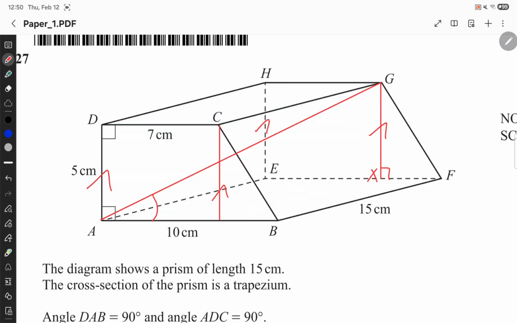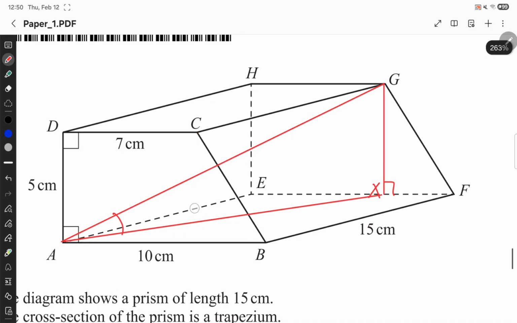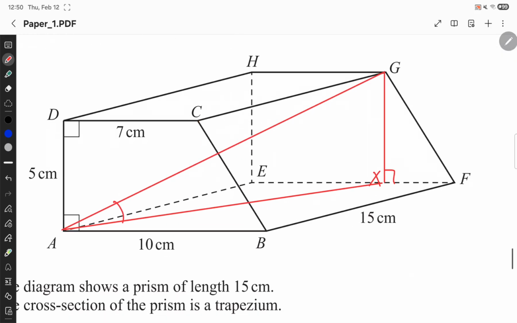Okay, if we make this, then we can see that the question actually asks for XAG instead. Okay, so let's combine this line here, and you can see it asks for AGX. Okay, so how do you find AGX?